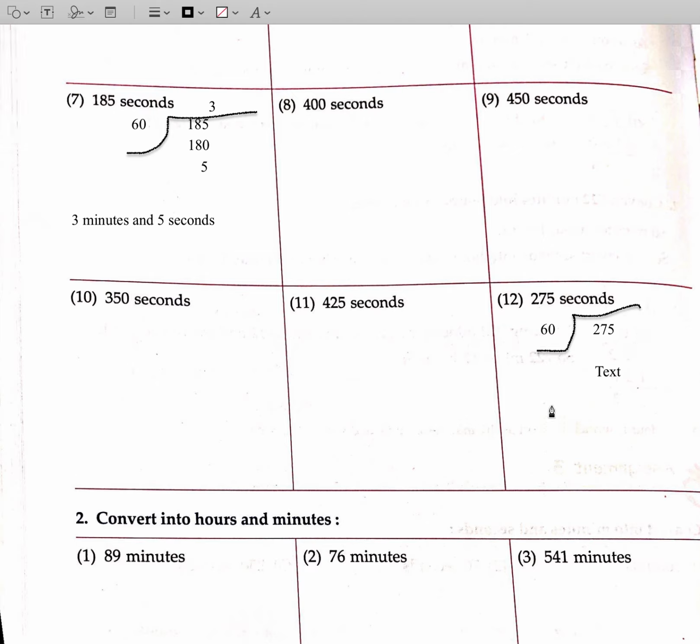Now 275 divided by 60. 60 into 5 is equal to 300, which is too big. 60 into 4 is equal to 240, which is perfect. So now we'll just write the answer directly by doing it mentally. So 60 into 4 is equal to 240. So that means 4 minutes. And when we subtract 240 from 275, we get 35. So 35 seconds.